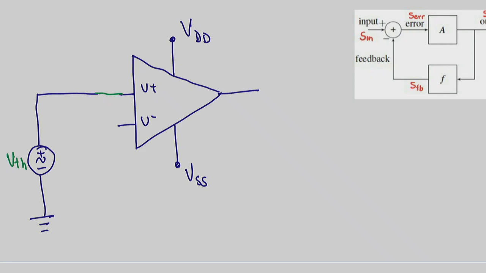Now, that's our signal. And then I'm going to take this negative terminal and connect it to my feedback block.